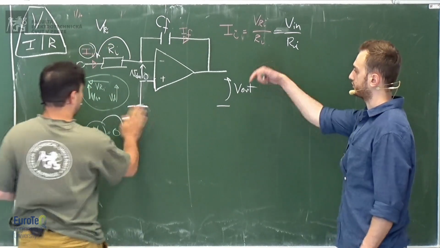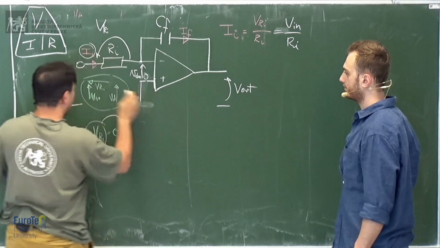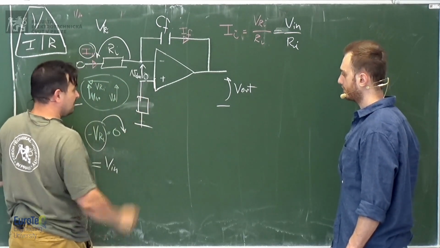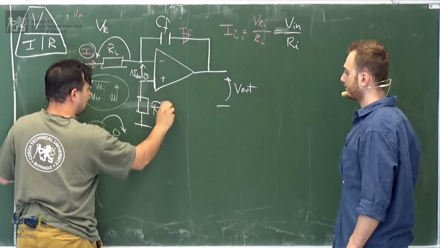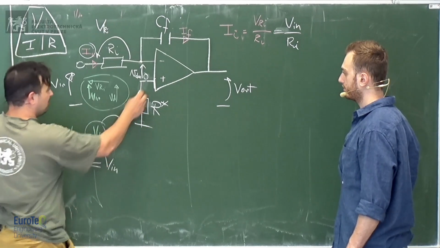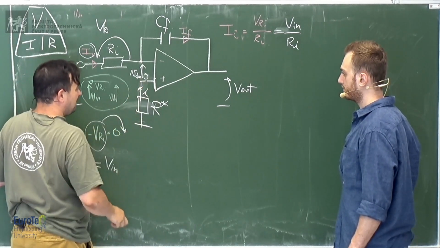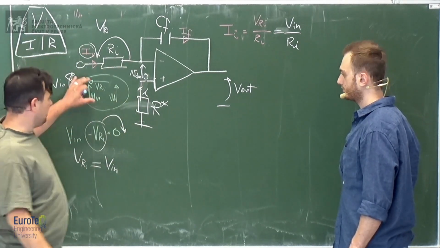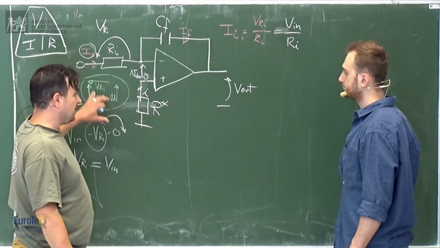No, because there is another voltage source. If I have a resistance here, for instance R star, then in this case, yes, because there is current here. But you always have to solve the circuit, so you must always apply Kirchhoff's law.